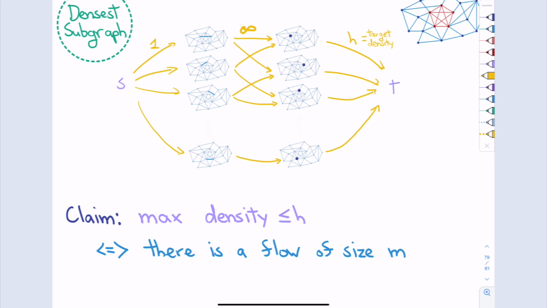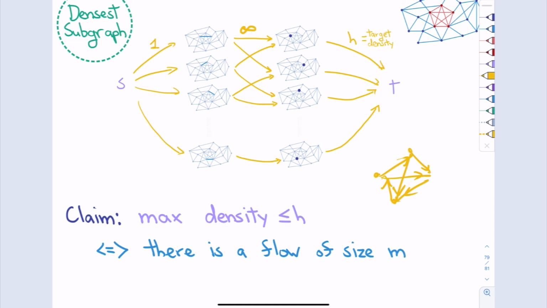Okay. Why? If I have some subgraph, and I was able to orient the edges so that everyone has in degree at most h, that gives me a bound on the in degree of every vertex, which gives me a bound on the density.